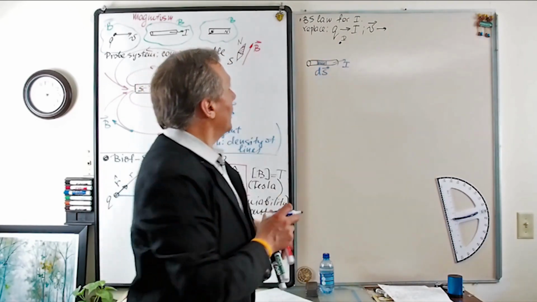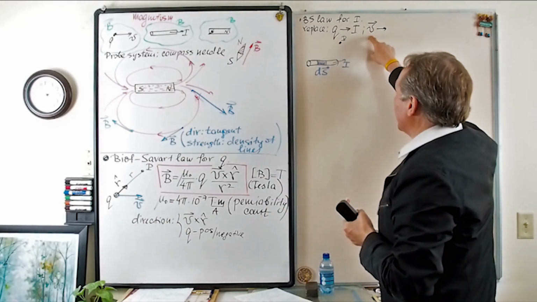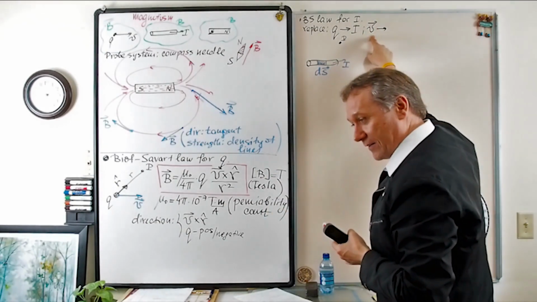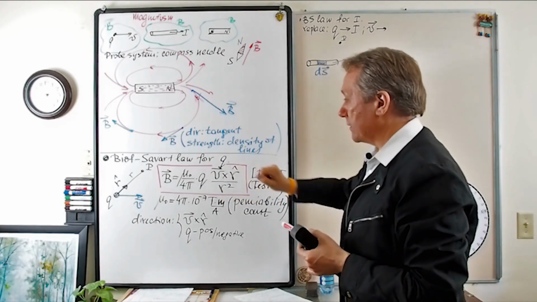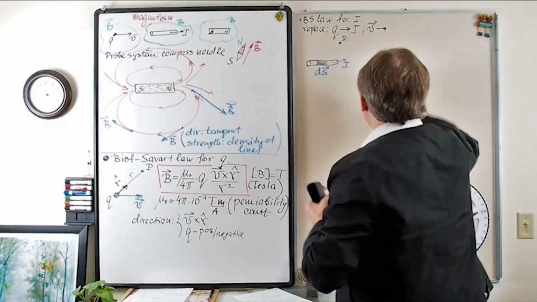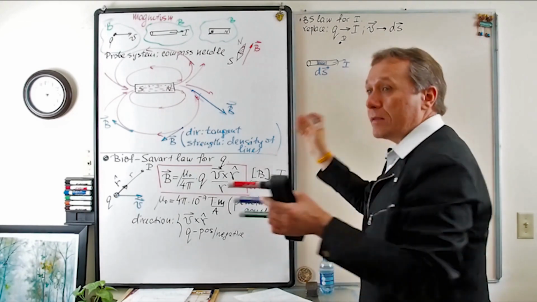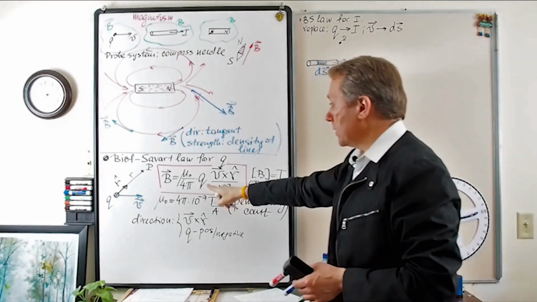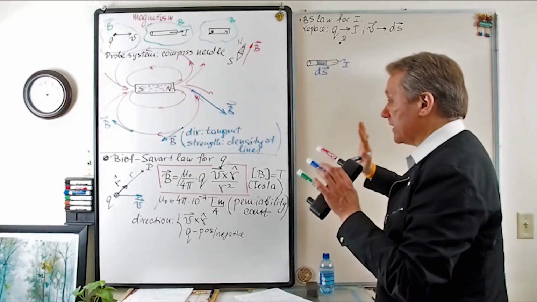So now I'm ready to write the factor which I have to use to rewrite this formula. Instead of v, I have to use this ds, and the rest is exactly the same. So again, replace charge with current, and instead of v, ds. The rest of the formula is exactly the same.